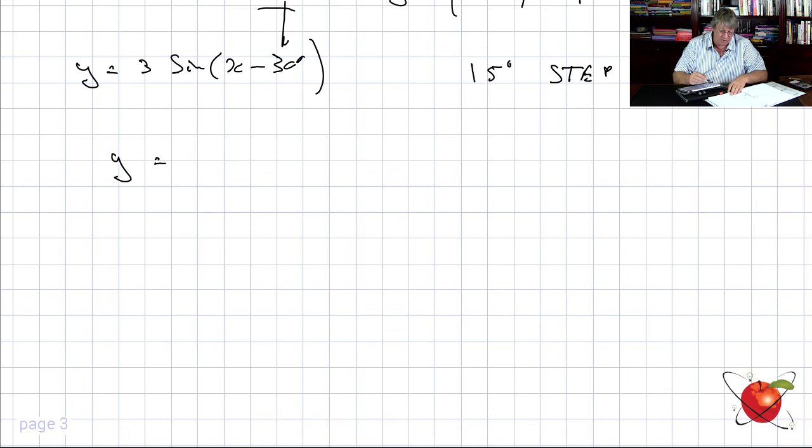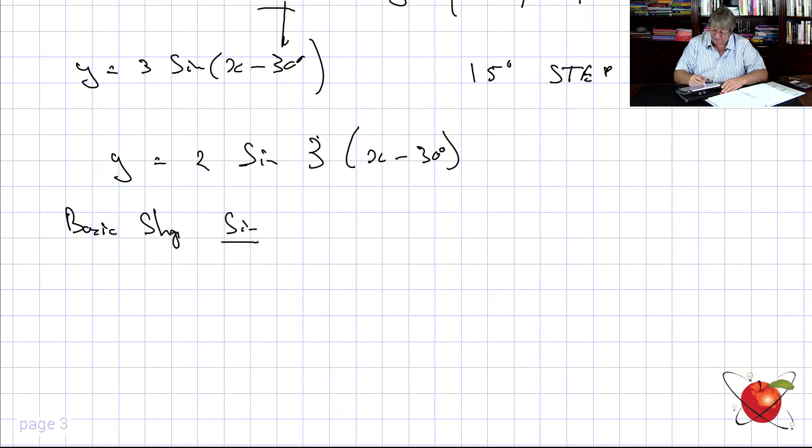All right, so basically we've gone through these. A is the amplitude. If they said to you, sketch a graph of y equals 2 sine 3x minus 30 degrees, you start off with the basic shape, which is a sine.